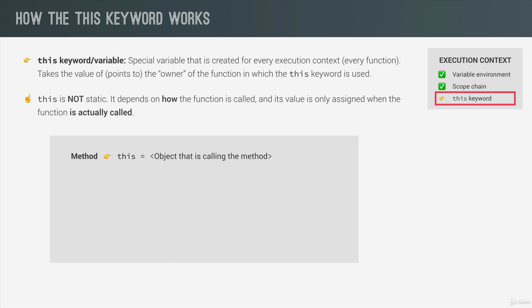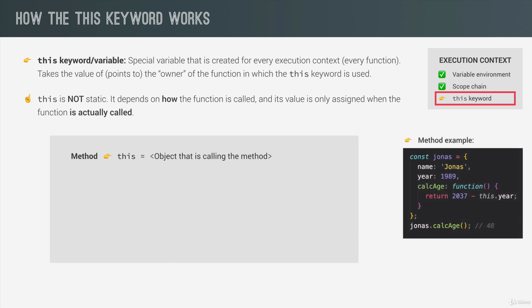Okay? And so let's illustrate this with a simple example. So the method here is the calcH method, again, because it's a function attached to the Jonas object. In the last line here, we then call the method, and as you see, inside the method, we use the this keyword. Now, according to what we just learned, what should be the value of the this keyword here? And that's right, it should be Jonas, because that is the object that is calling the method down there in the last line, isn't it?